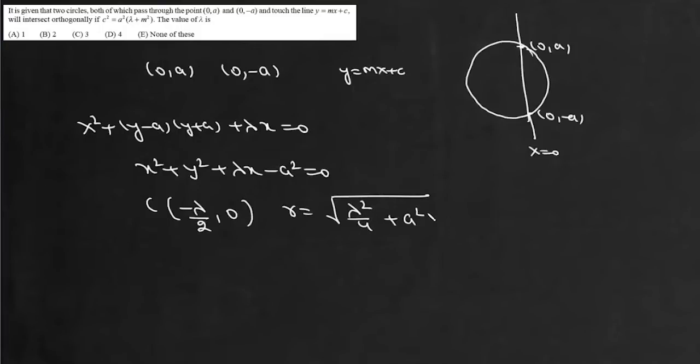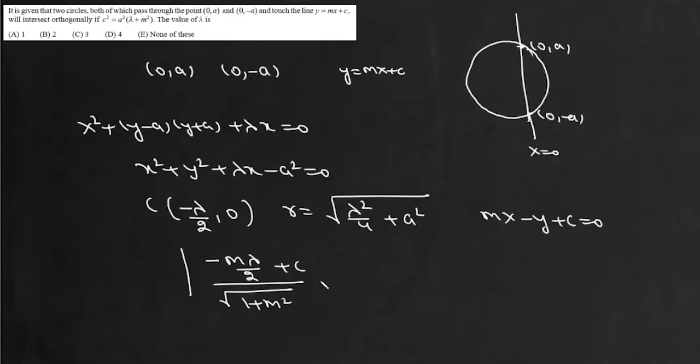Now since this circle touches this line mx minus y plus c equals 0, that means the perpendicular distance from the center must be equal to its radius. So we'll get minus m lambda by 2 plus c upon under root of 1 plus m square, and it will be equal to under root of lambda square plus 4a square by 4.